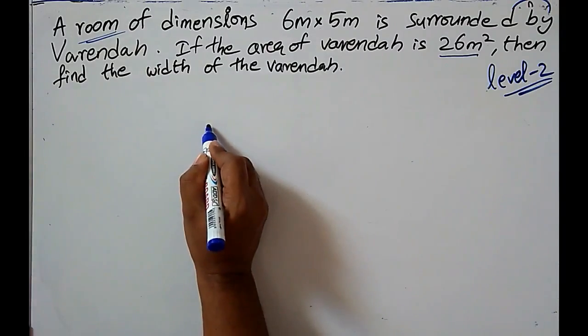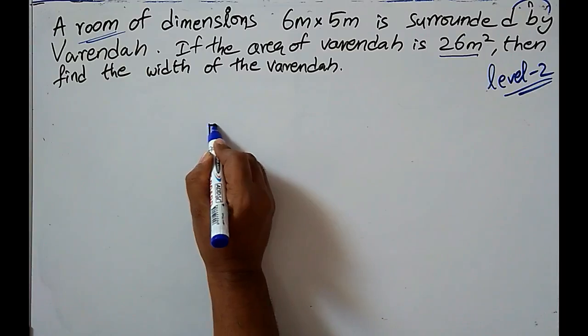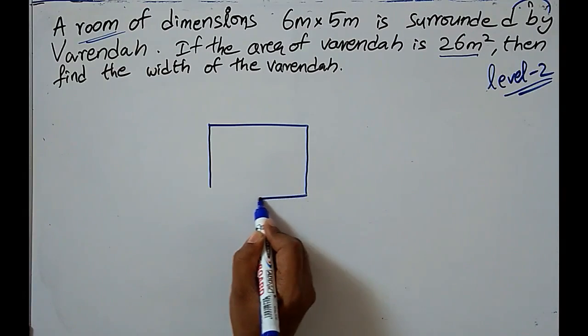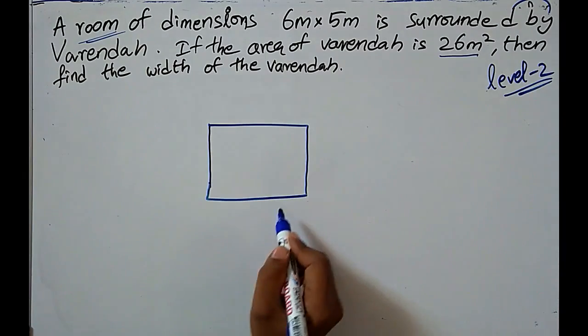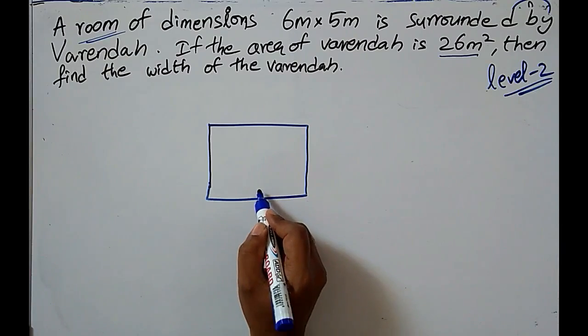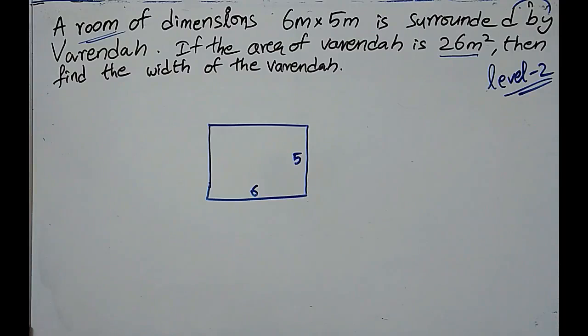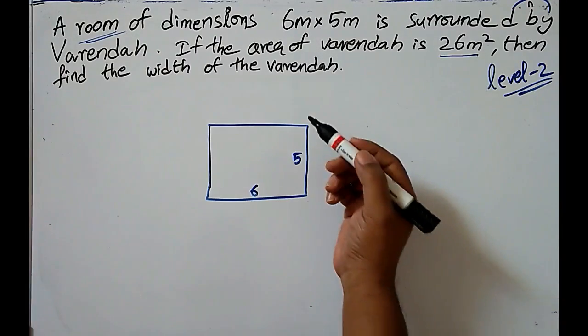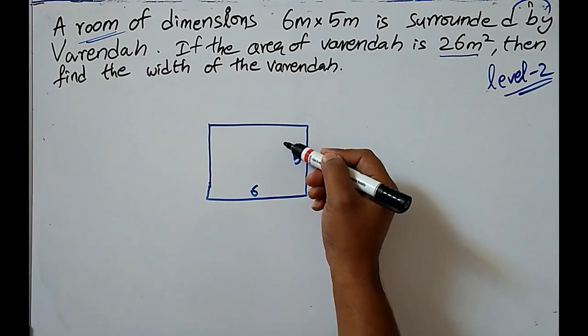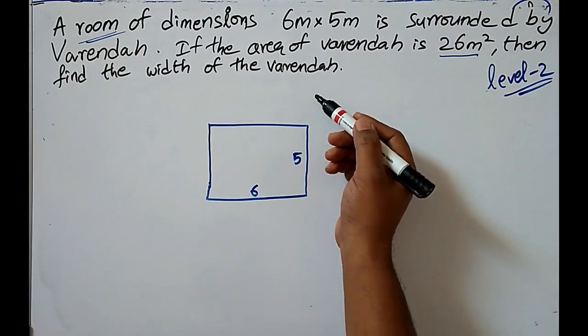Friends, there is a room of 6 by 5. You should be very clear whether the veranda is falling inside the room or outside the room.